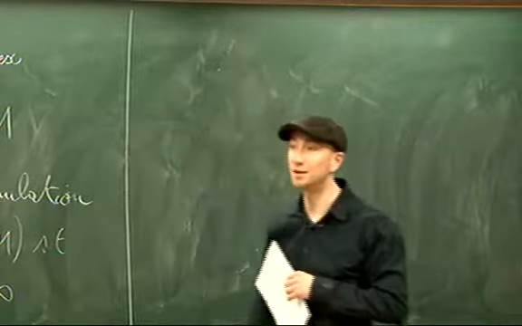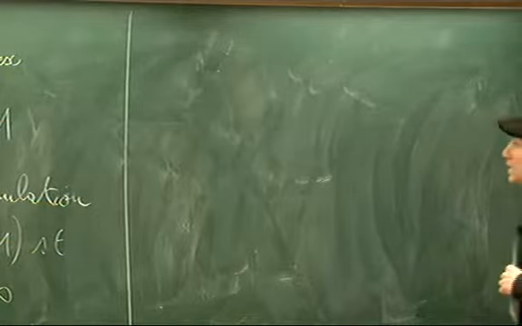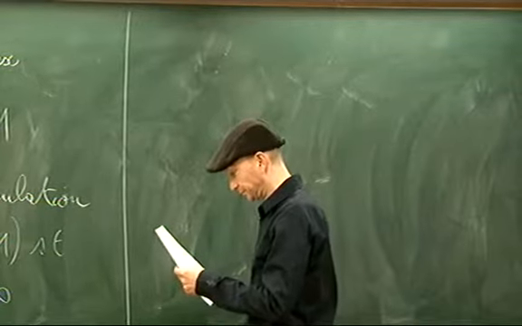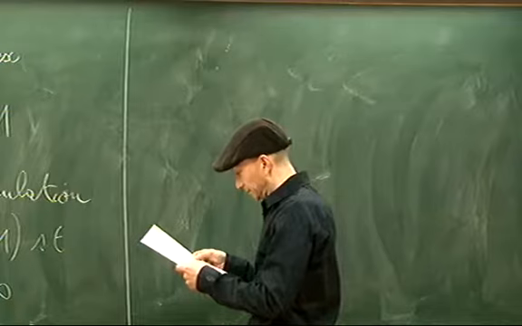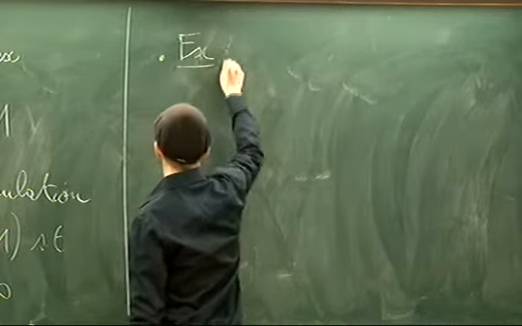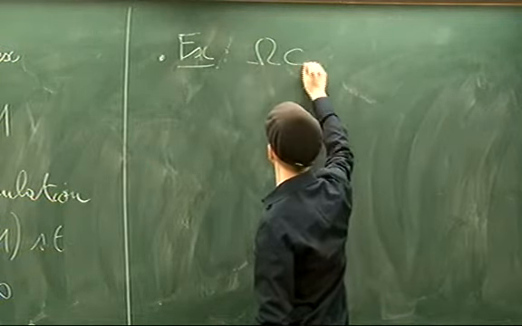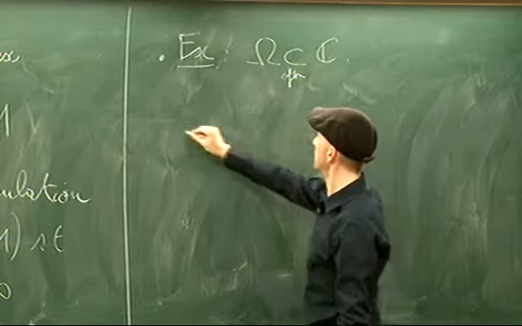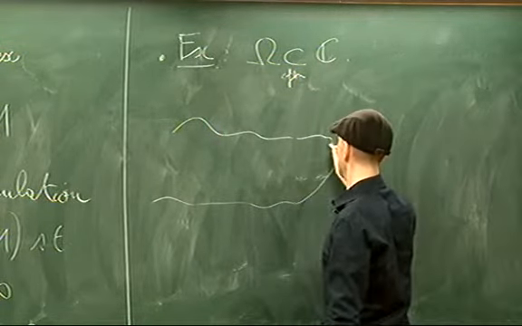This is one of the many definitions of pseudo-convex. Let me give you a few examples of this. So, for example, I can take omega an open set in C. Maybe omega looks like this.